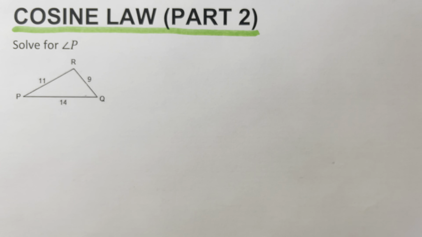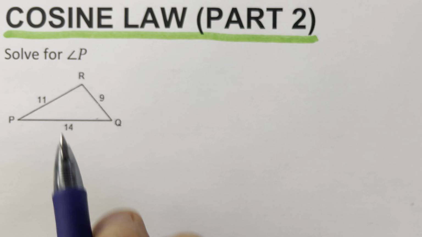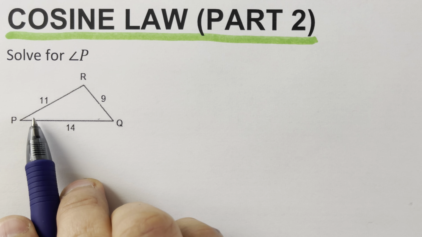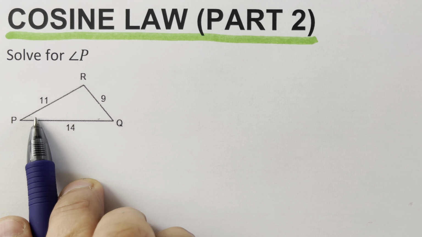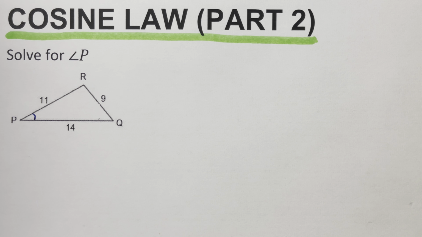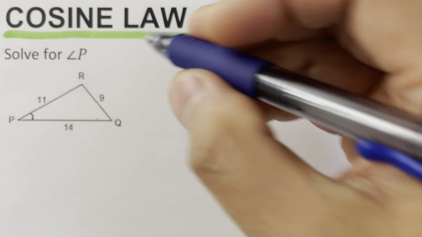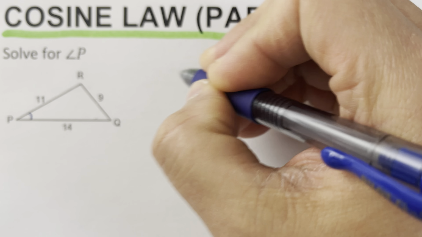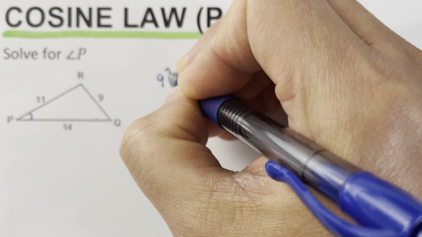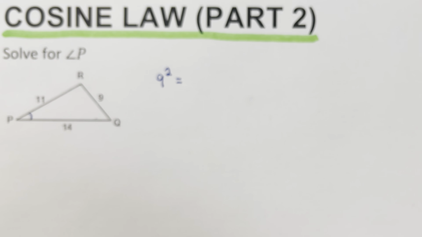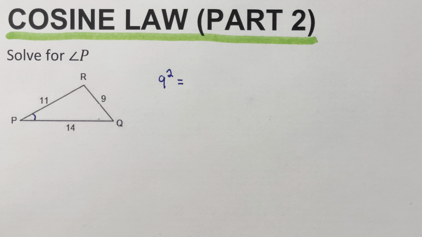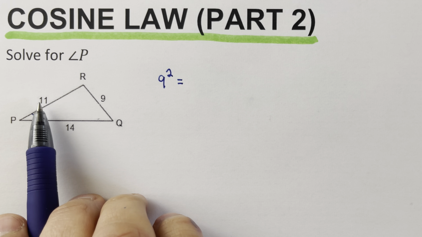Okay, going back to the example, we are supposed to solve for angle P. This is the angle that we want to determine, so we use the cosine law. Again, the cosine law states that the square of the side of a triangle across from the angle, so this 9 will be squared. So 9 squared is equal to the sum of the squares of the remaining sides, 11 and 14.